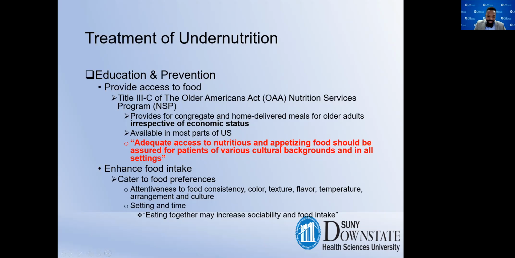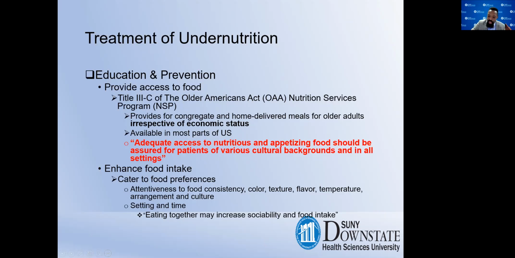So if the food is tasty, if it looks appetizing and it smells good, the older adult is more likely to eat it, right? It's not rocket science. You enhance the food intake by catering for food preferences, providing delicious, appetizing food.